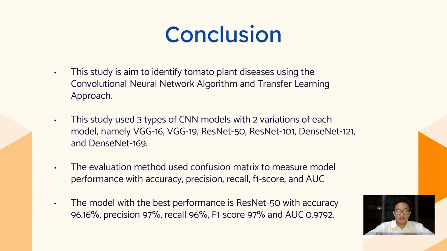The evaluation method used a confusion matrix to measure model performance with accuracy, precision, recall, F1 score, and area under curve. The model with the best performance is ResNet 50 with accuracy 96.16%, precision 97%, recall 96%, F1 score 97%, and area under curve 0.9792.